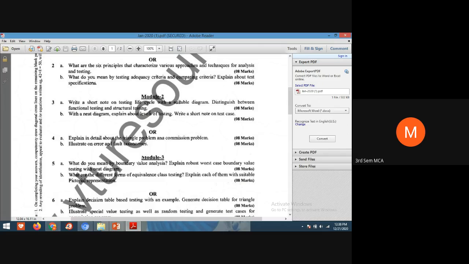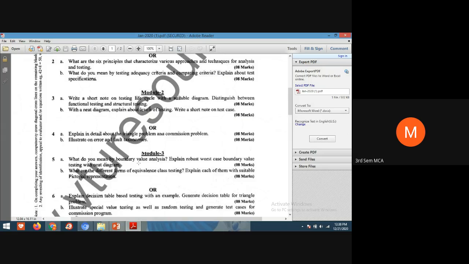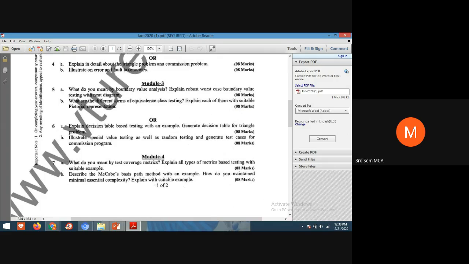Next, what are the different forms of equivalence class testing? Explain each of them with suitable pictorial representation. In equivalence class also we have a diagram, so with the diagram, with the pictorial representation, you have to write the answer for these questions.